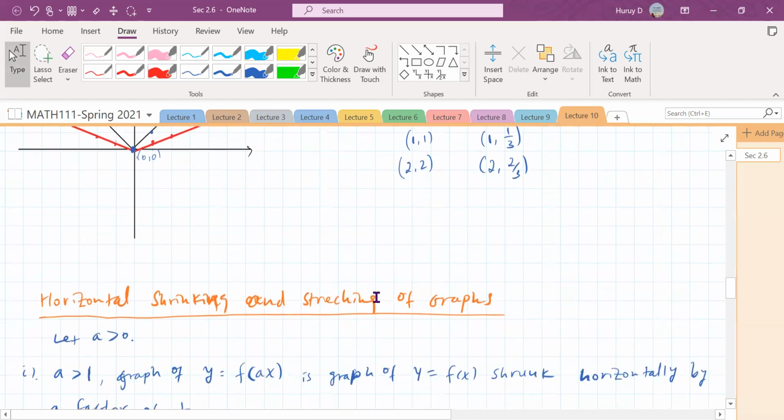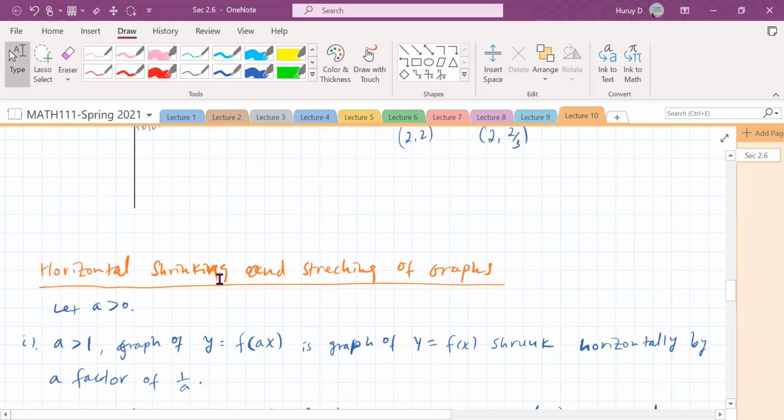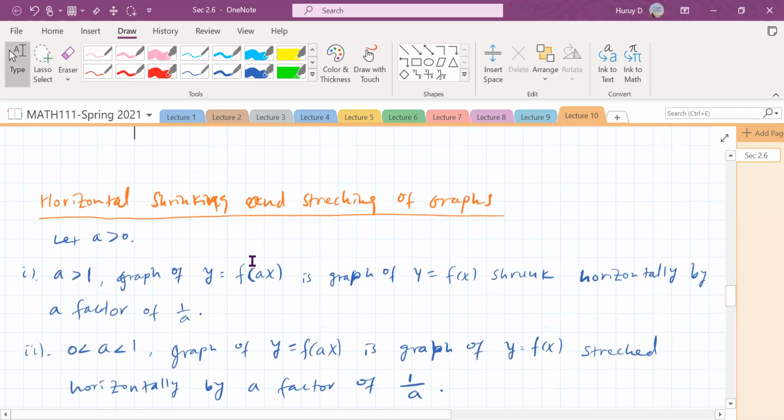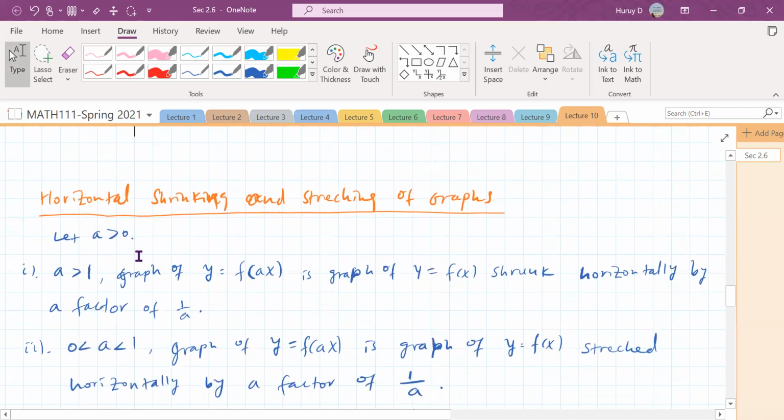All right. And then we have the horizontal shrinking and stretching of graphs. Again, we have a, which is a real positive number. Now, if a is greater than 1, then the graph of f of ax is the graph of y equals f of x shrunk horizontally by a factor of 1/a.